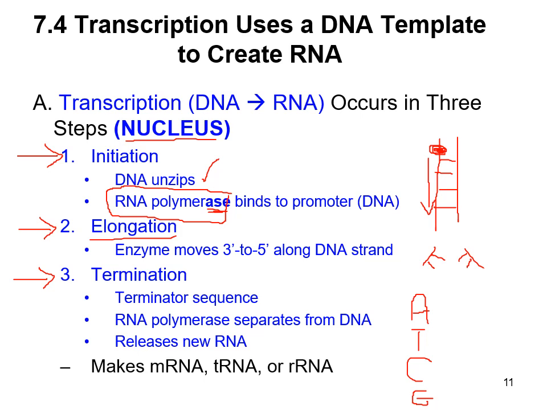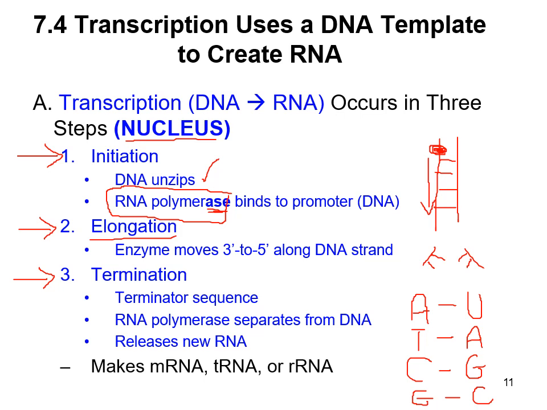So if the RNA polymerase comes across an A, it's going to match it with a U, because remember, there's no T in RNA. If it comes across a T, it's going to match it with an A, C with G, and a G with C. And in elongation, the RNA polymerase just keeps reading the nucleotides and matching it up to its complementary base pair.